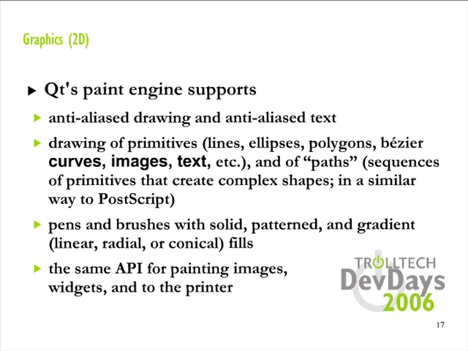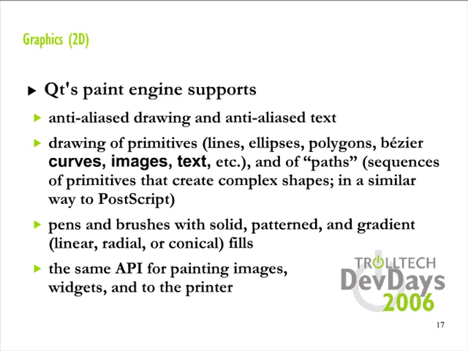In terms of pens and brushes, you can set custom ones, of course, but you can also use fills, both solid, patterned, and gradient fills, and for the gradients you've got the choice of linear, radial, or conical. So a huge variety of choice with pens and brushes, if you like that.